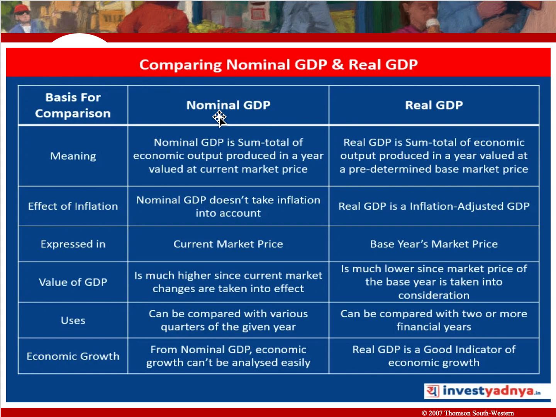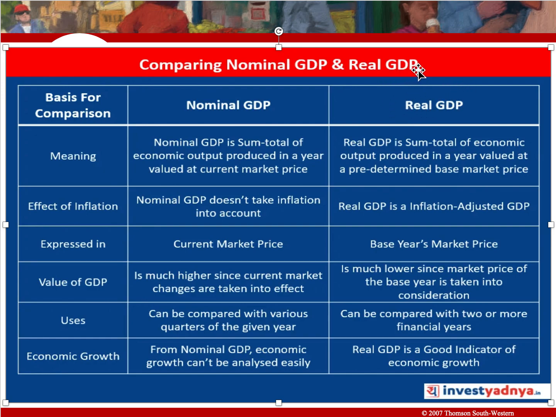So, if you are measuring GDP for 2019, the value of the GDP for 2019 is said to be measured at a nominal level. So the value is only true for that particular 2019, based on that year's market value.